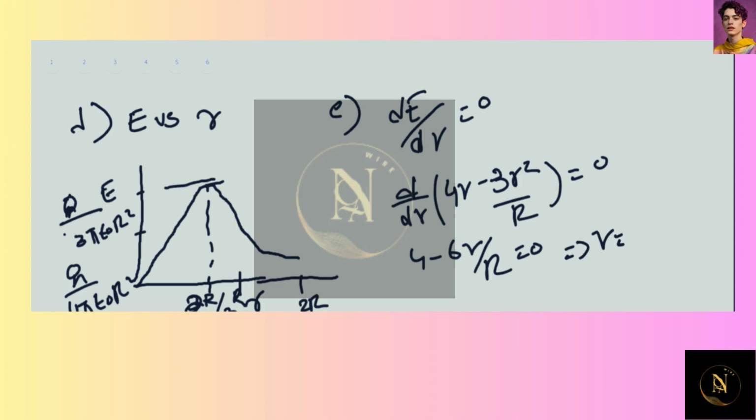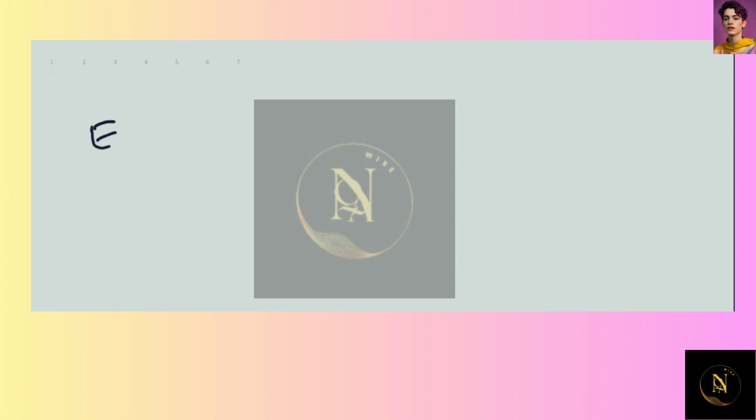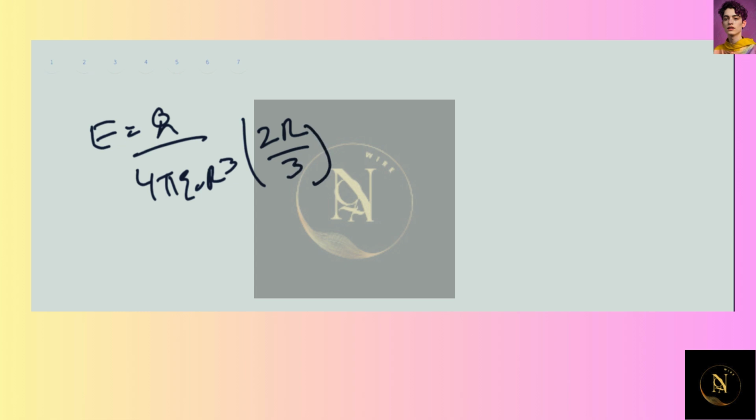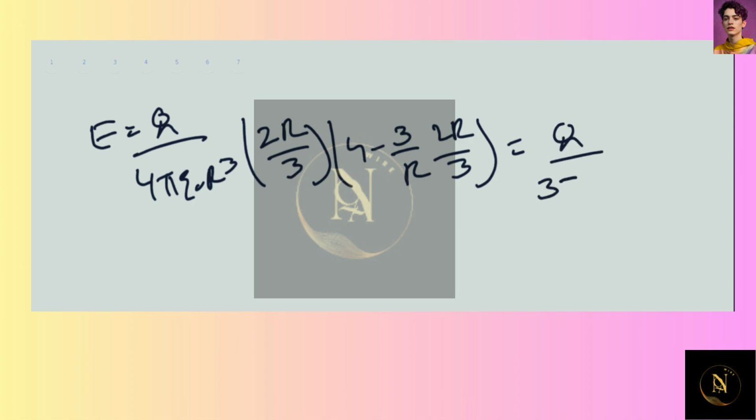So r will be equal to 2R divided by 3. And the electric field for this value of r will be E equal to Q divided by 4 pi epsilon R cubed times 2R divided by 3 times 4 minus 3 over R times 2R divided by 3, which is equal to Q divided by 3 pi epsilon R squared.